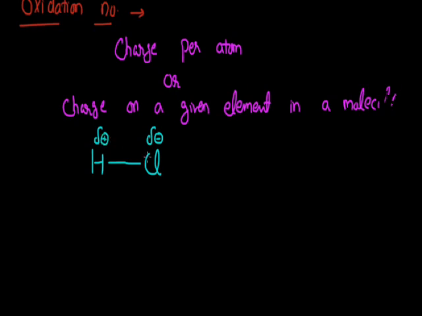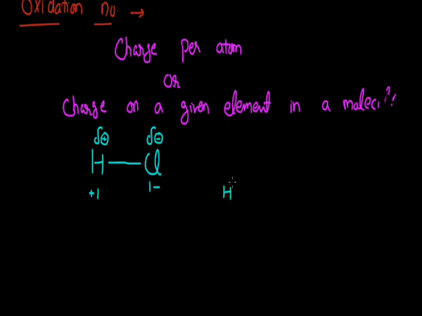Now, if I consider the oxidation number of these two atoms, since chlorine has a negative charge due to its high electronegativity, it will have an oxidation number of -1, while hydrogen will have +1. If I take another example, again a covalent molecule, that is water.